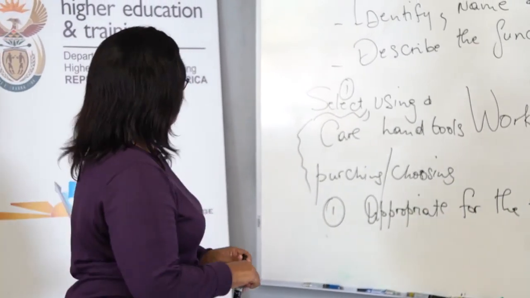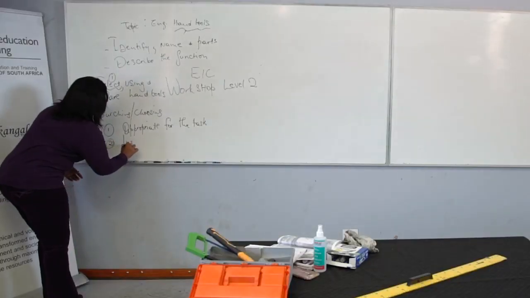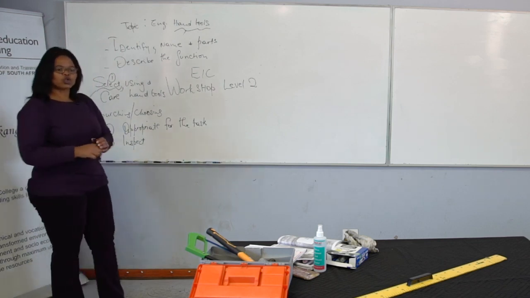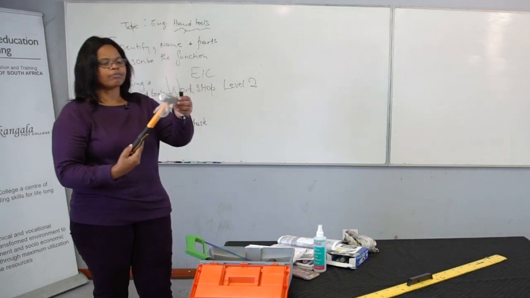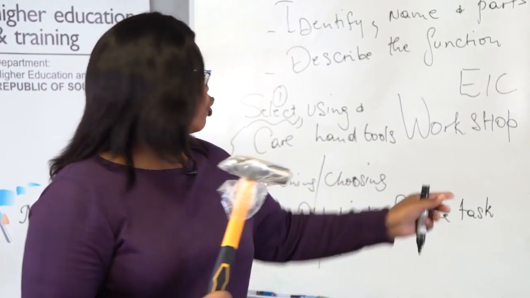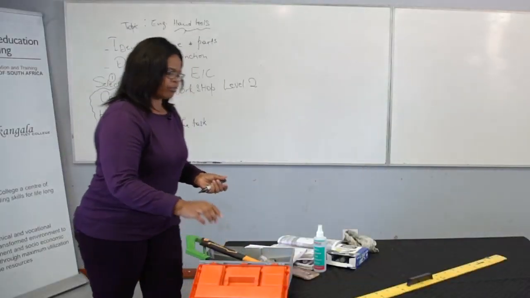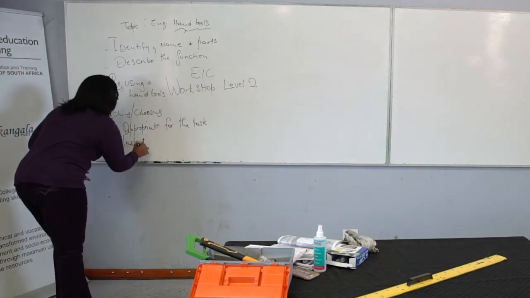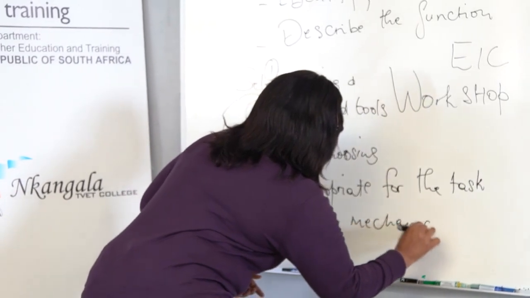Inspection. You do visual inspection. You look at your tool, checking if there are any cracks and mechanical breakages. Remember, you are choosing or buying your tools. Inspect them.